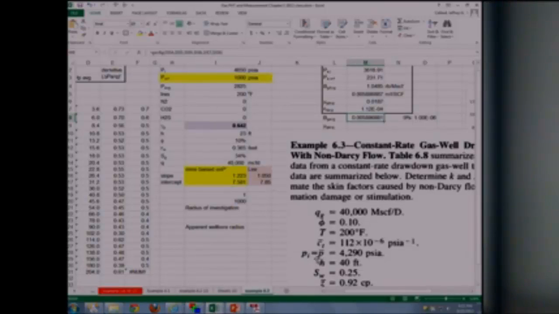Here's a big difference. Remember on the last problem, they used an average pressure equal to the arithmetic average of the final flowing and initial. Here on this problem, they're going to run the average pressure. So when it says CT average, that means at initial pressure, 4290.